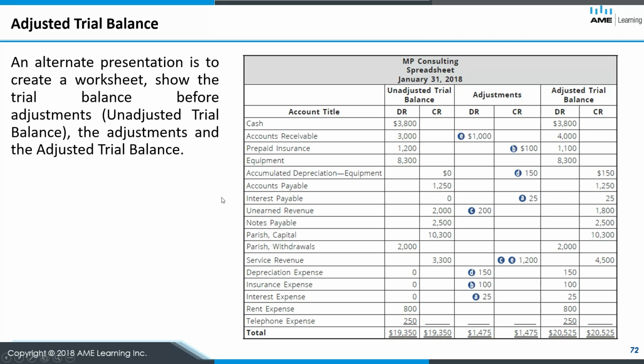So again, it's just a visualization tool to be able to have some report, like, having this allows us to, at a glance, see the impact of all of our adjusting entries and how those affected the trial balance.